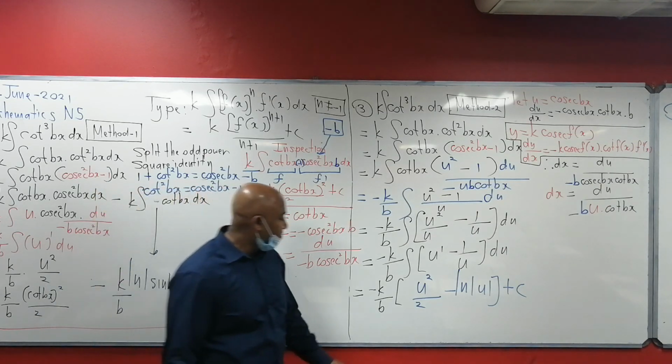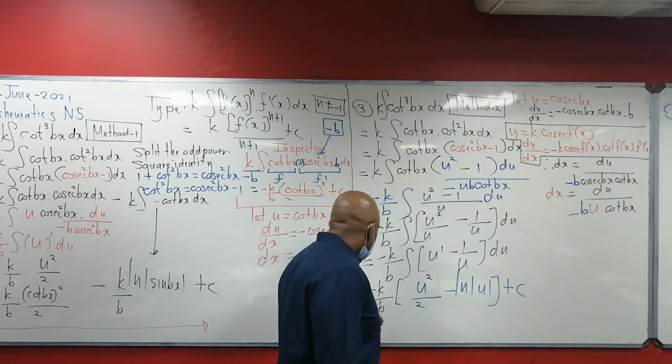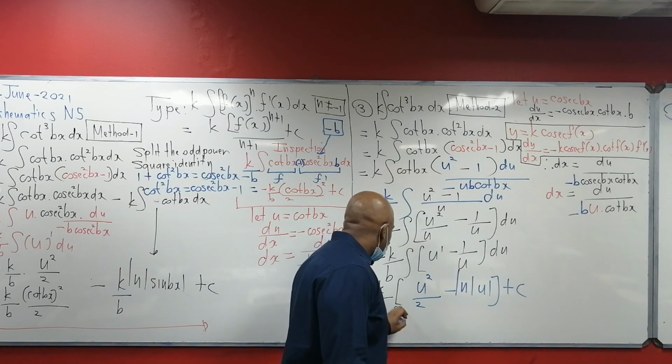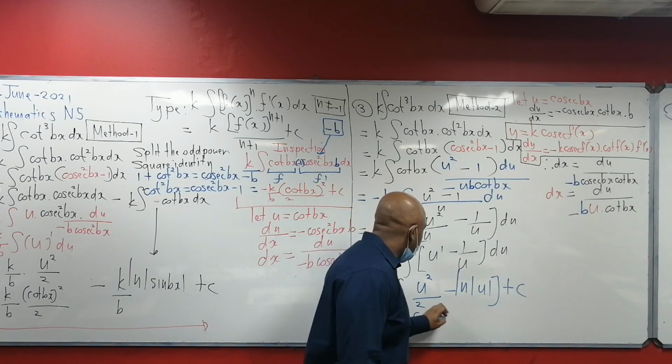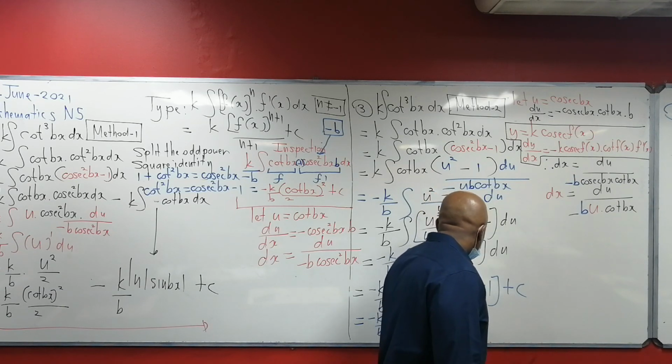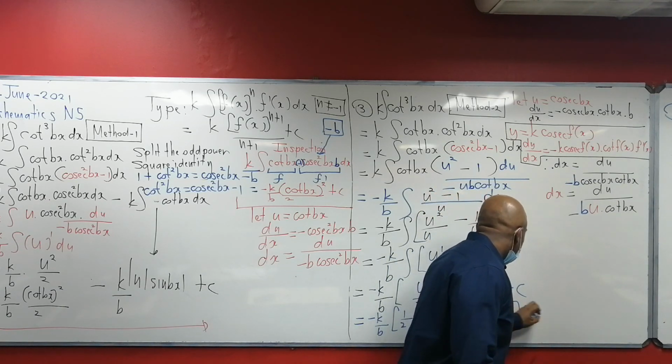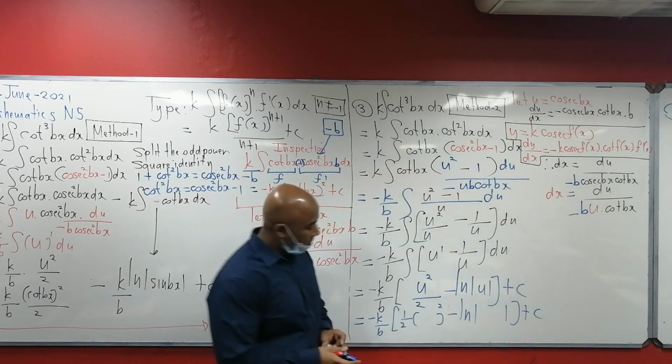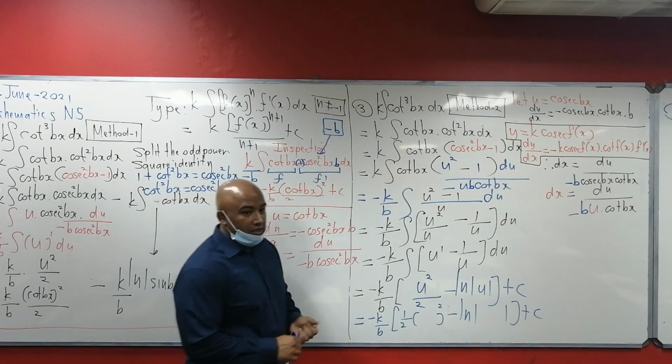Substitute back for u. That's my minus k over b. That's my 1 over 2 u squared minus ln of u plus c. What was u? u was cosec.